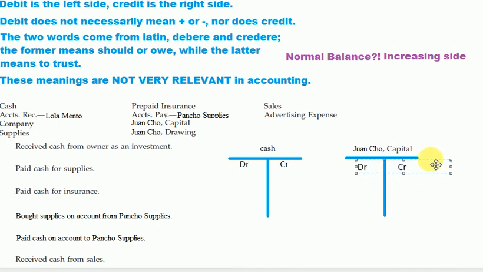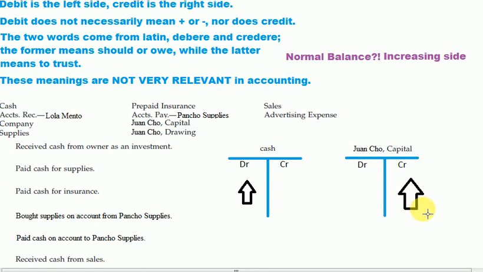So here in this case, we know that cash is increased on the debit side, and capital also increases on the credit side. Both of them increase in this case, but they are on opposite sides.